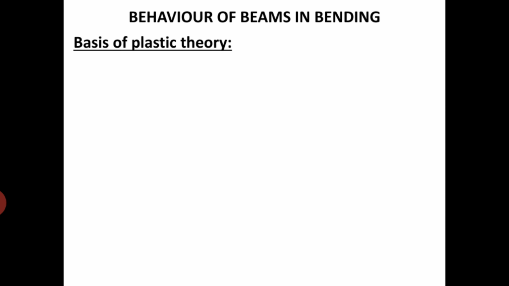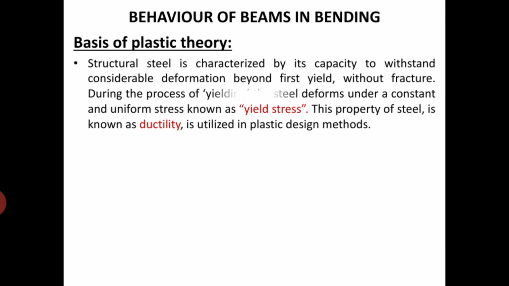That is the basis of plastic theory. What the plastic theory says is related to steel. Since we are studying steel structures, we have to study steel only. The structural steel is characterized by its capacity to withstand considerable deformation beyond first yield without fracture.